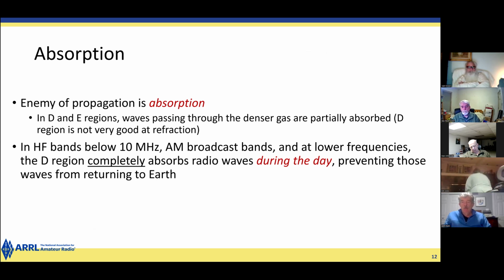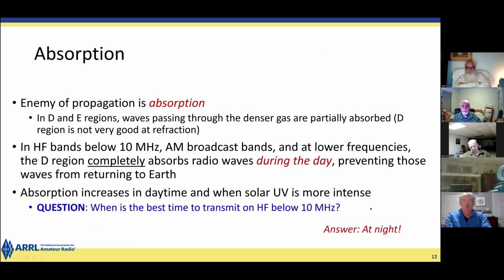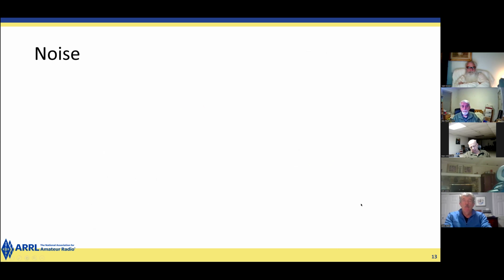And absorption increases during the day and when solar radiation is more intense. When we talk about the sun, I'll get into why that varies. So when's the best time to transmit below HF?